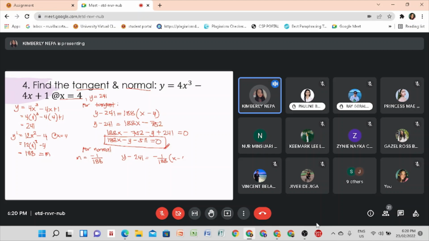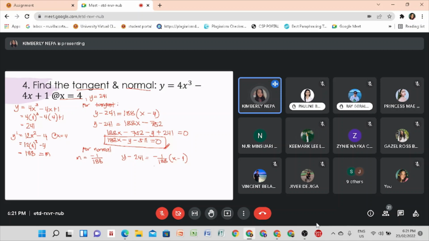So we eliminate the fraction by multiplying both sides by 188. So we have 188y, 241 times what? Negative 45,308, po. 45,308. Promise? Yes, po.